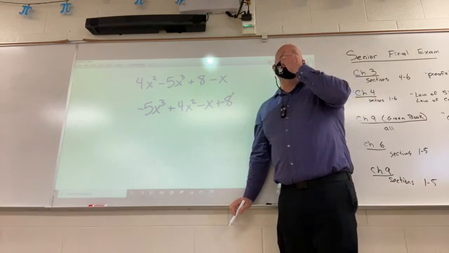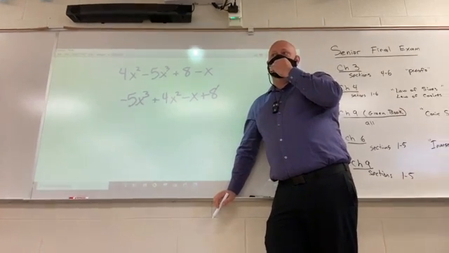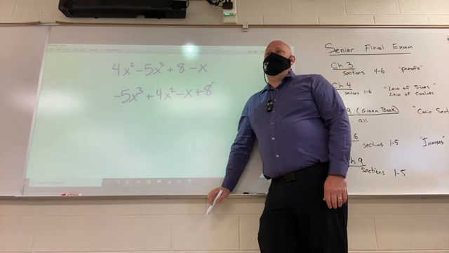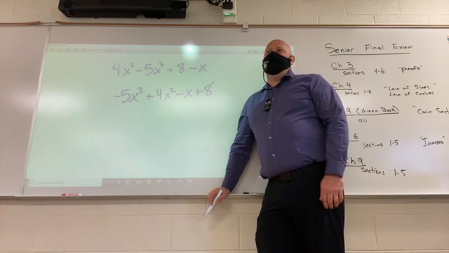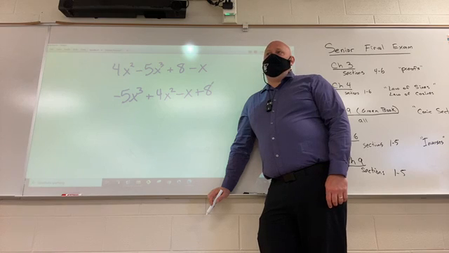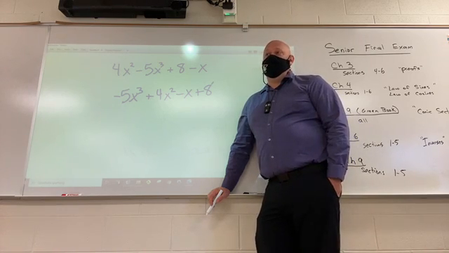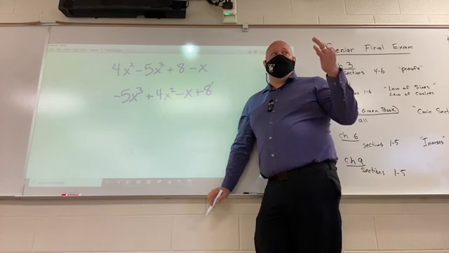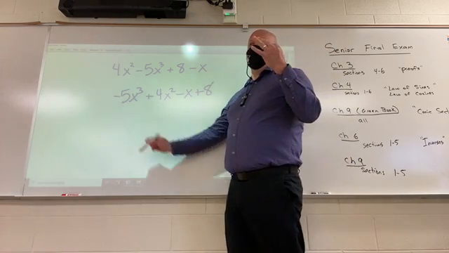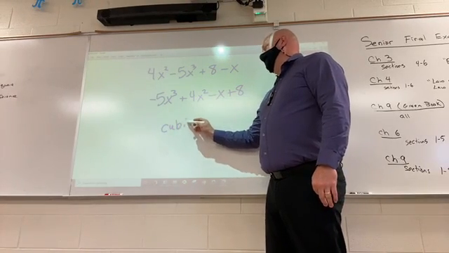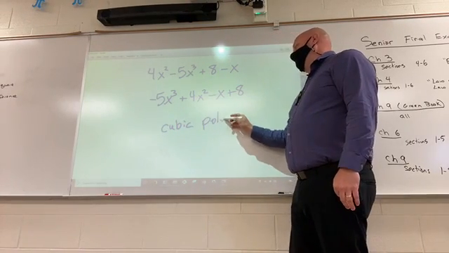If I asked you to name that as well, what kind of polynomial is this? What's the degree? It's 3. What's anything to the third? The degree of poly 3 is? So it's a cubic polynomial.